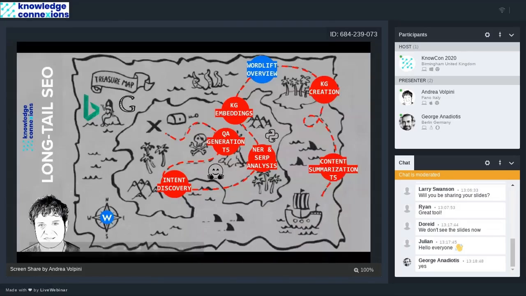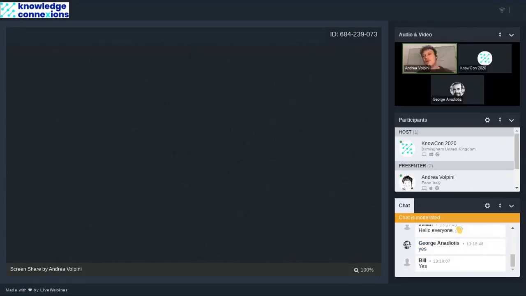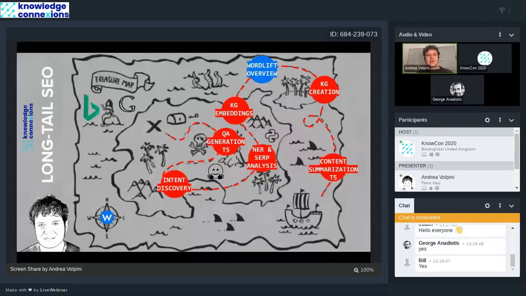Okay, so briefly, content summarization is going to be one of the technology approaches that we're going to use. Knowledge graph creation, and then of course we will see how to create this knowledge graph using WordLift. Knowledge graph embeddings, the silver bullet for a lot of decisions that you need to take in order to understand how related concepts are. And then natural language processing for analyzing the results coming out of Google in order to discover new untapped opportunities.